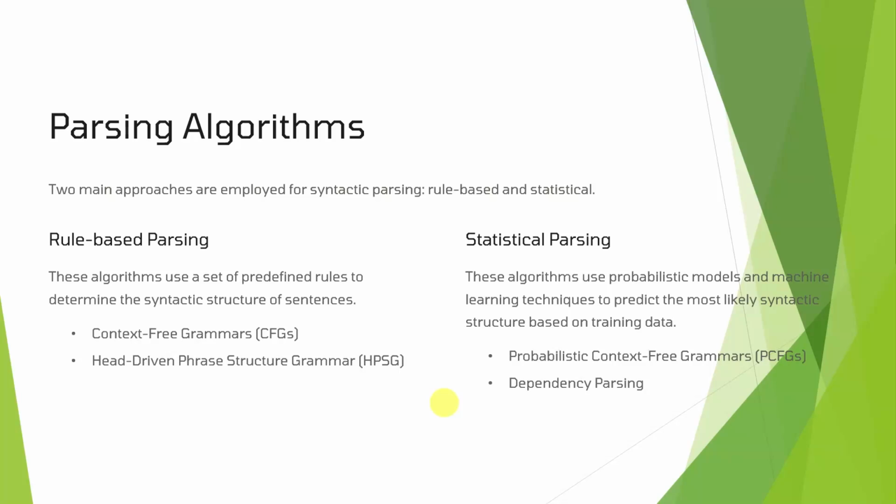Under statistical parsing, instead of using predefined rules, we use probabilistic models and machine learning techniques to predict the most likely syntactic structures based on the training data. Instead of the normal context-free grammar, here we consider probabilistic context-free grammar. Based on these probabilistic context-free grammars, we generate the dependency parsing.